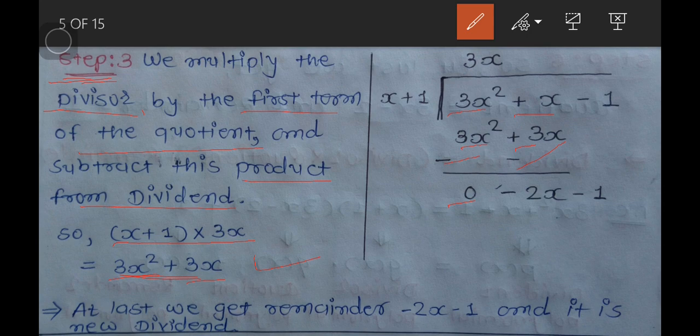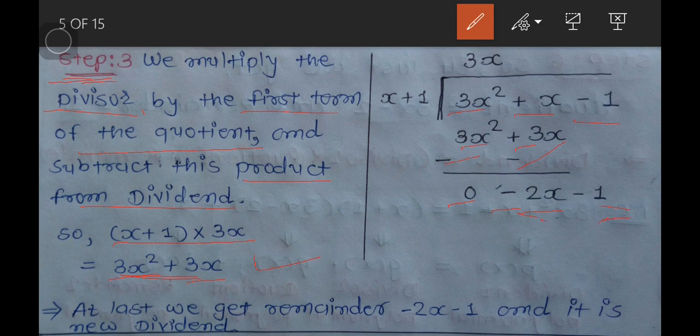So we do subtraction of these two terms: subtracting 3x from x, that is 2x, and since 3x is the larger term, we put a minus sign here, and we bring down the remaining part of the dividend, that is minus 1.